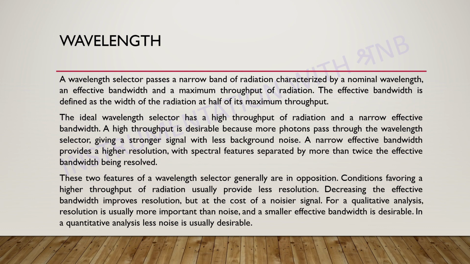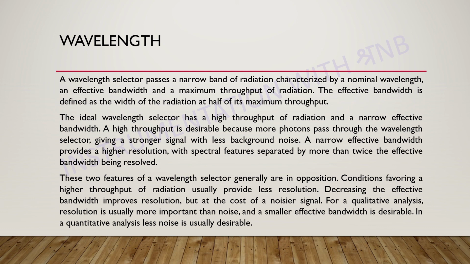So if we know that our analyte absorbs within the range of, for example, 300 to 400 nanometer, we'll apply a wavelength selector and pass only that particular bandwidth to the sample, so that we'll get a simple spectrum.